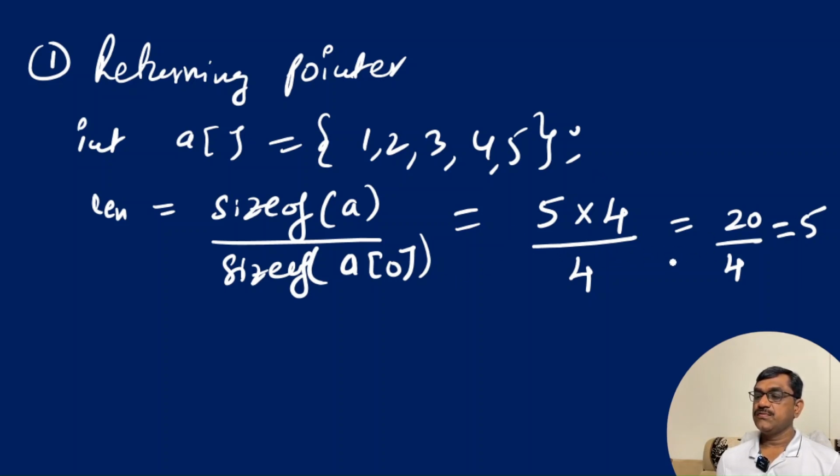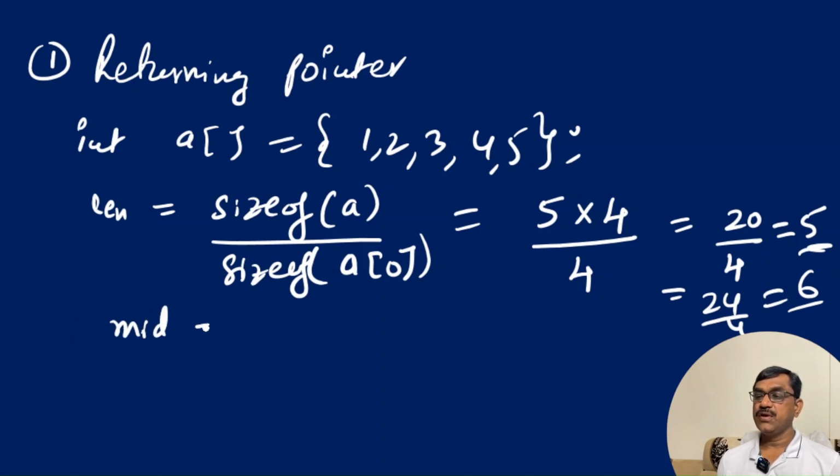In case of 6 elements, we are going to get 6 into 4, 24 by 4, which gives 6. This is the way of finding the length of an array. In our example, the number of elements is 5. Now, how to find the mid?